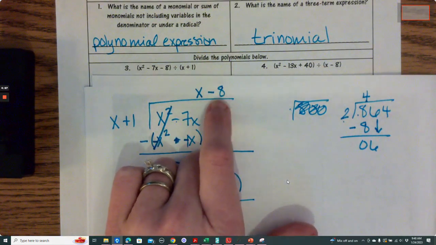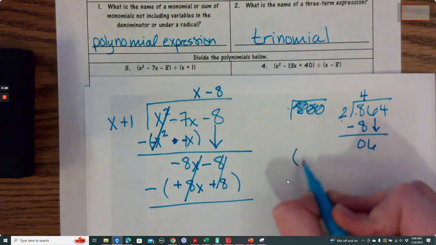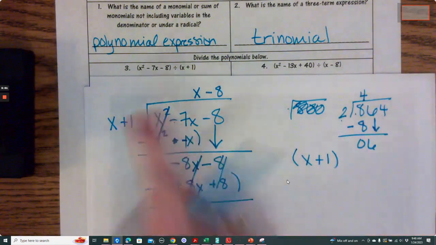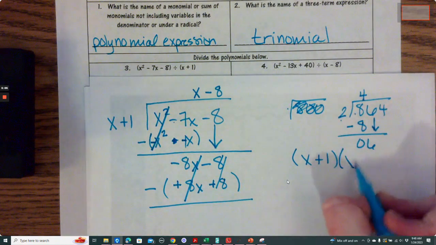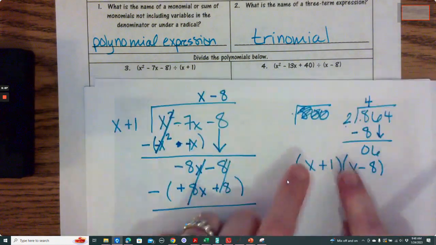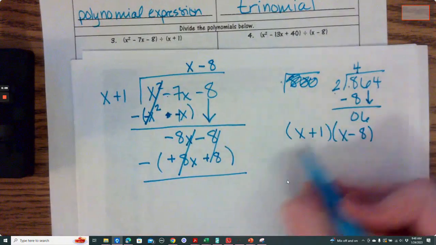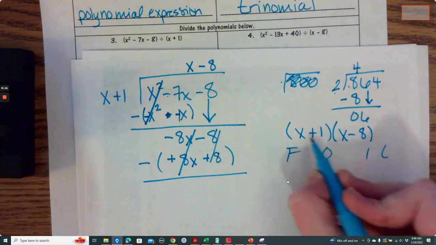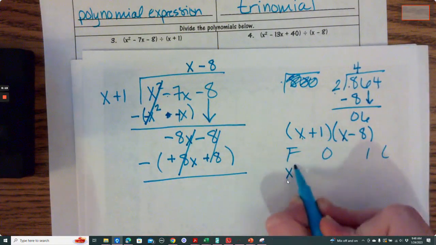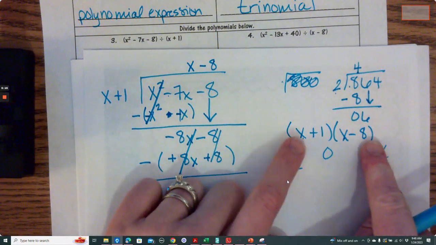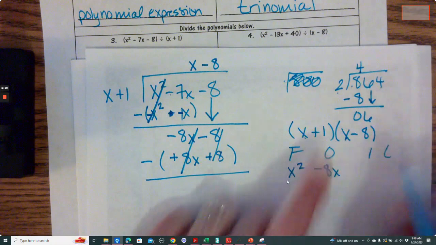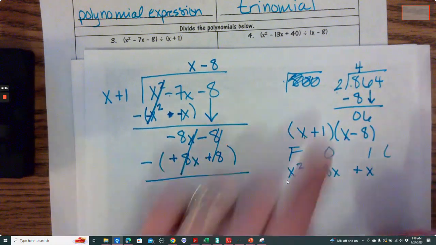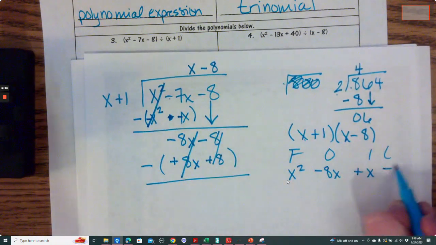You can check your answer by doing what we did yesterday. Take what you divided by and multiply it by your answer. FOIL it, right? FOIL. X times x is x squared. O for outside. X times negative 8 is negative 8x. 1 times x is a positive x. 1 times negative 8 is a negative 8.